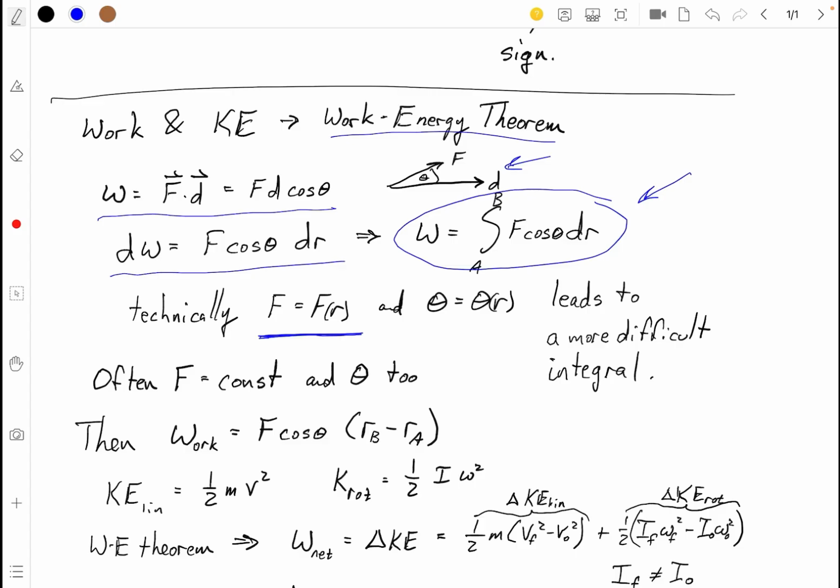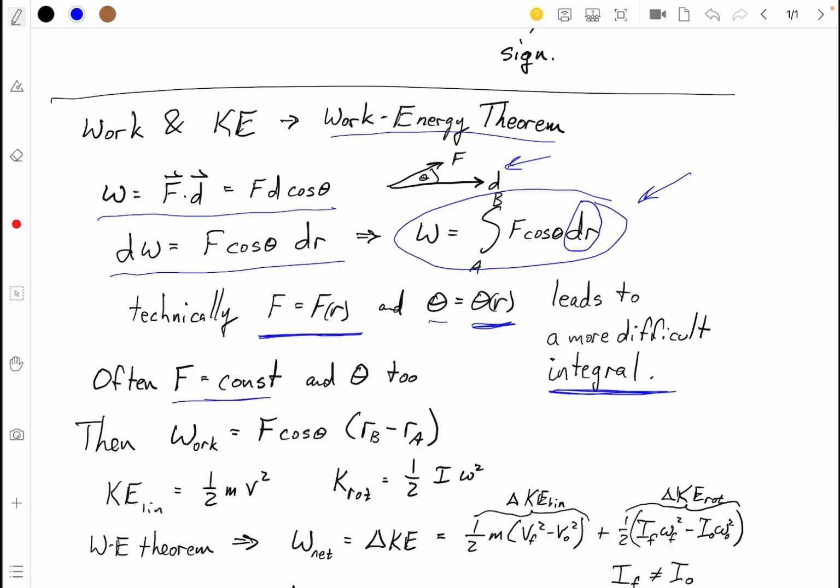So if it is, then you have to keep it with dr. You can't pop it out front. If your theta is a function of r, again, you've got to keep that cosine in there with the dr. So that leads to a more difficult integral, right? Sometimes you get a more difficult integral in that case.